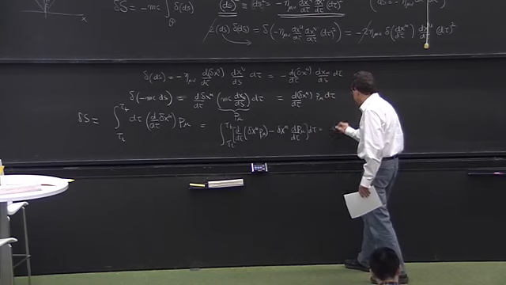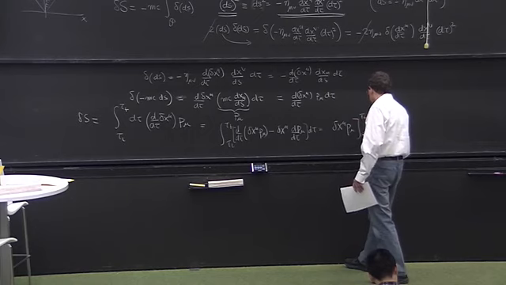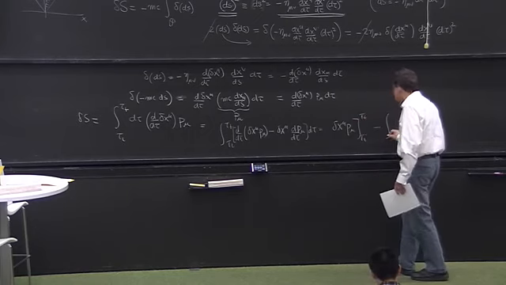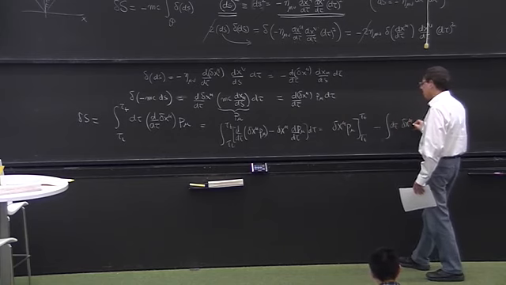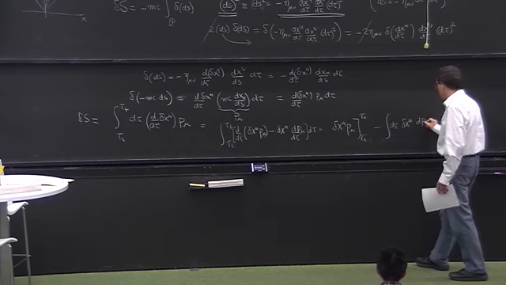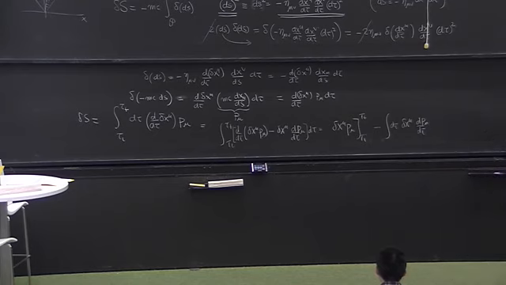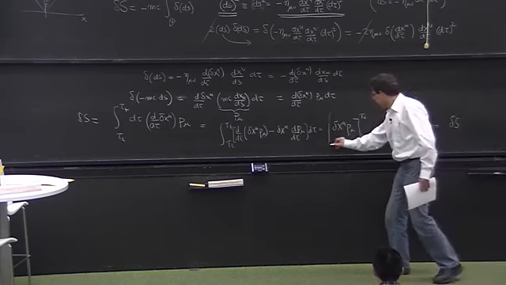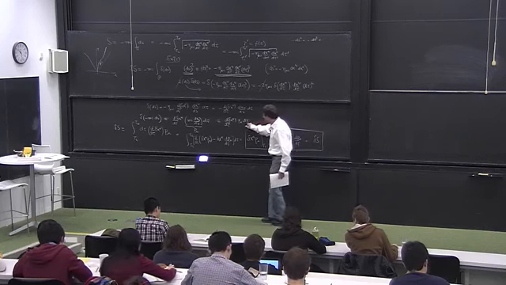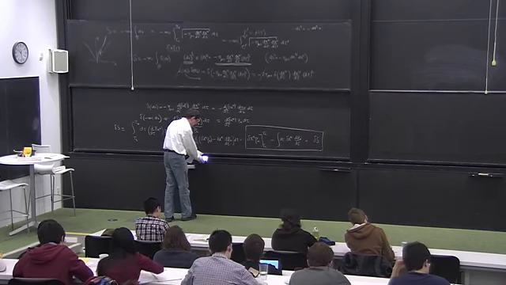So at the end of the day, we get delta x mu p mu from tau final to tau initial minus the integral over d tau of delta x mu times dp mu d tau. This is basically the key result. So I will write it here as delta S. And it's a result that is useful for other applications. So let me continue.